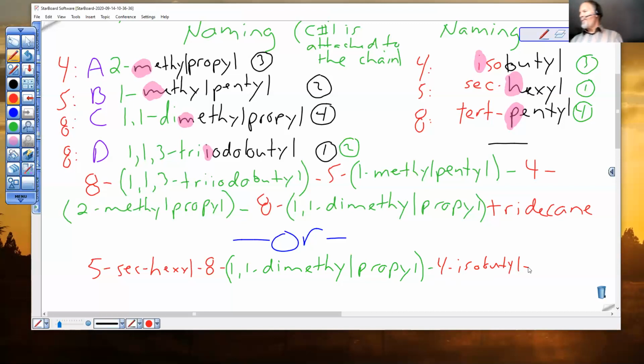And the last group is tert pentyl on 8. And what else? Oh, the name, 13 carbon chain, tridecane. Took up a lot less room.